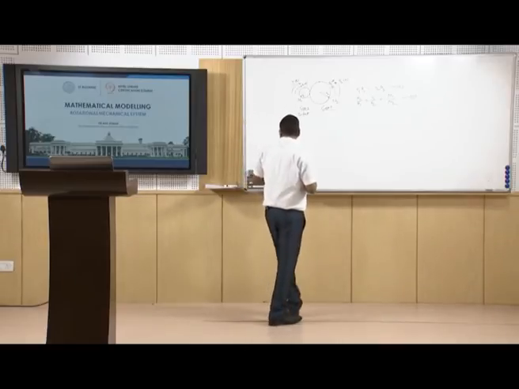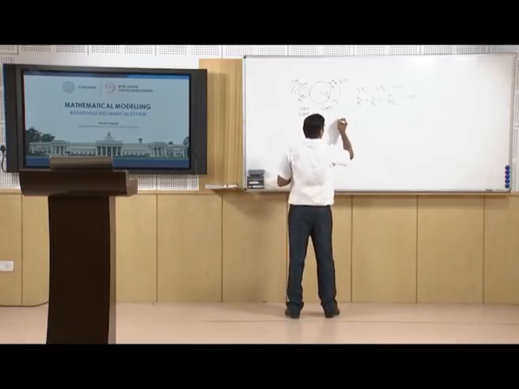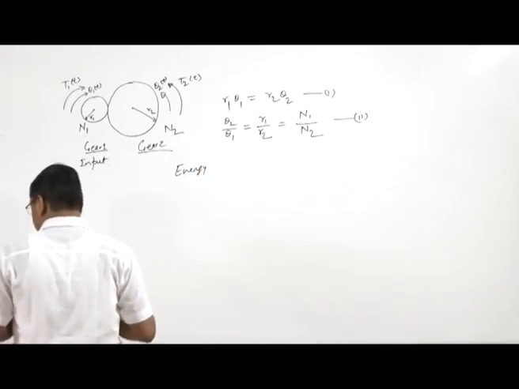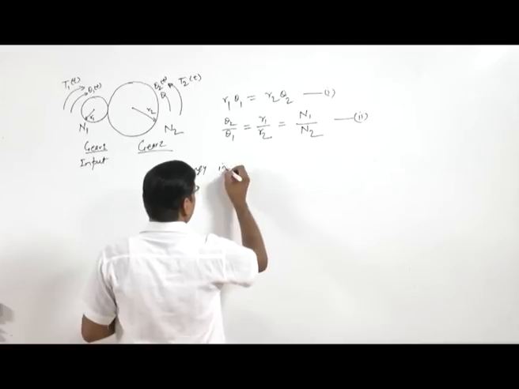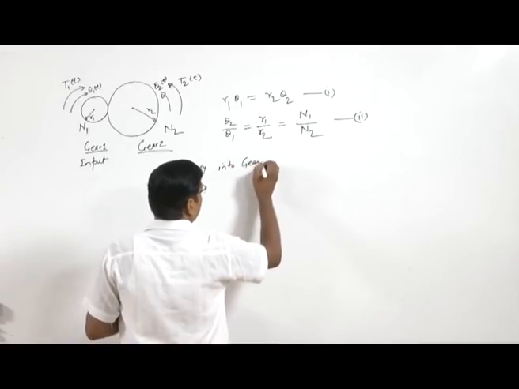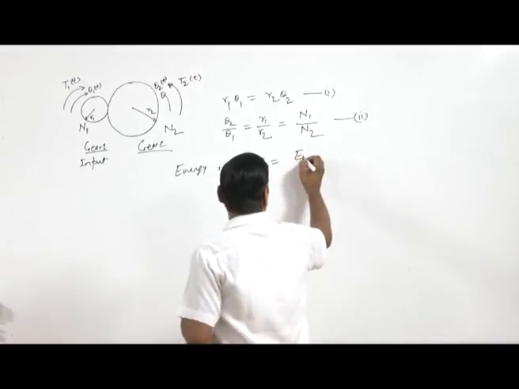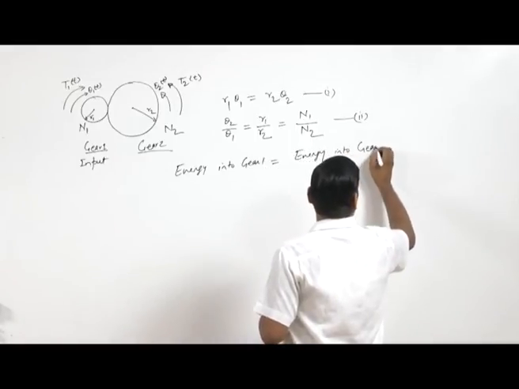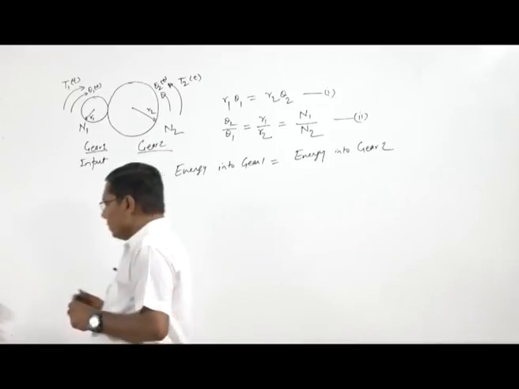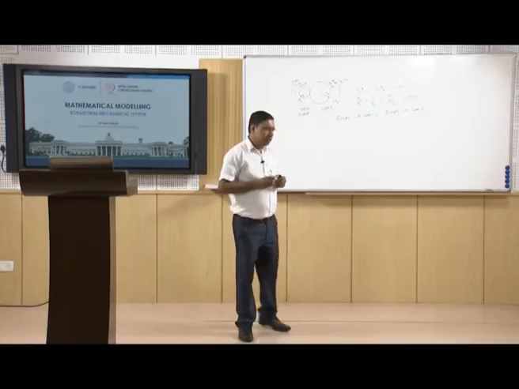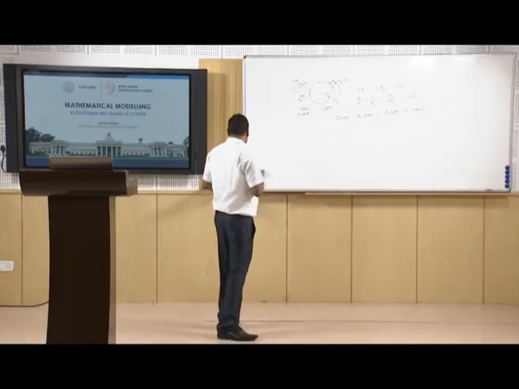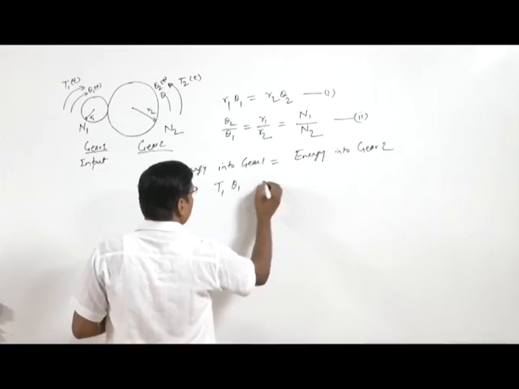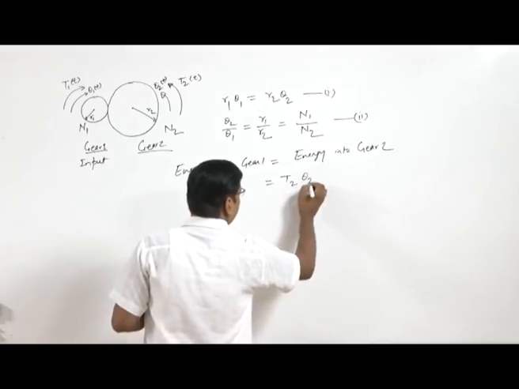So energy into gear 1 equals energy into gear 2, and energy can be represented as torque into the angular displacement theta. So T1 theta 1 equals T2 theta 2.